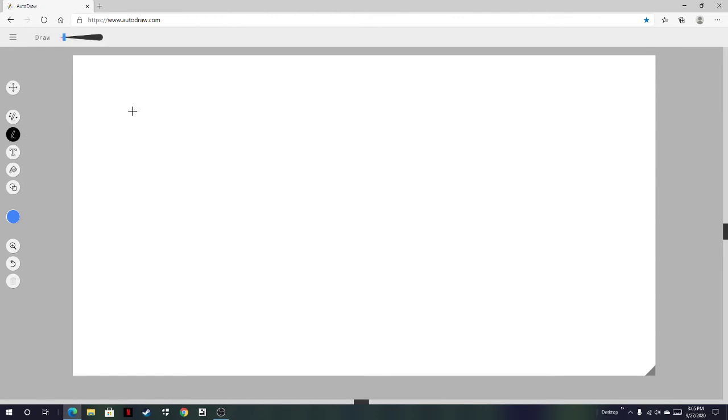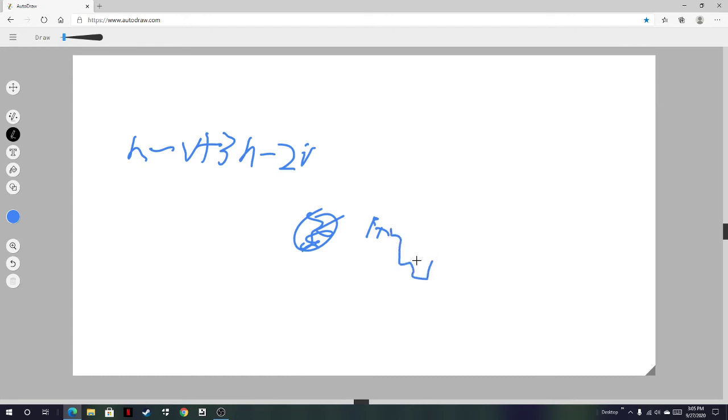But I strongly recommend you play around with some stuff. You could get a piece of paper and draw something like h minus v plus 3h minus 2v. And then draw it, and write the continued fraction, and probably work it out.